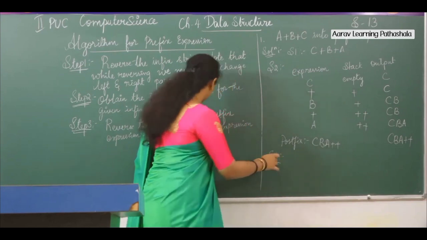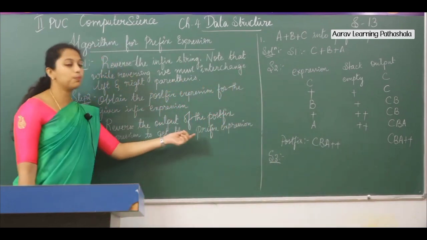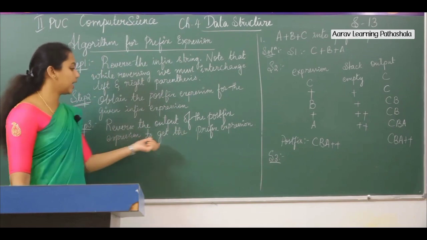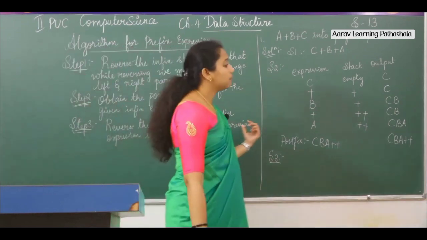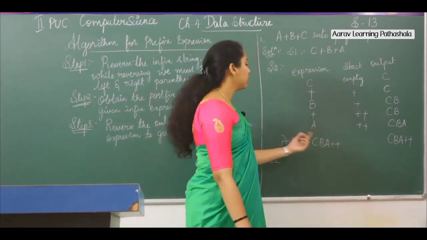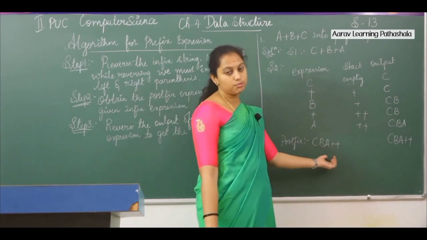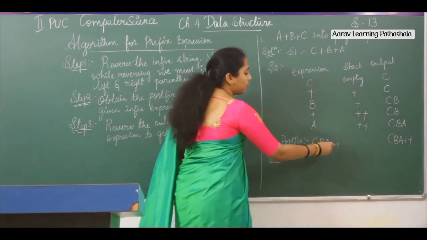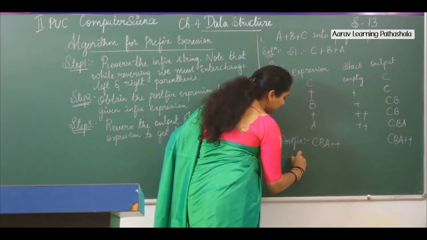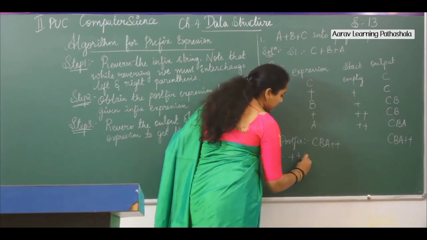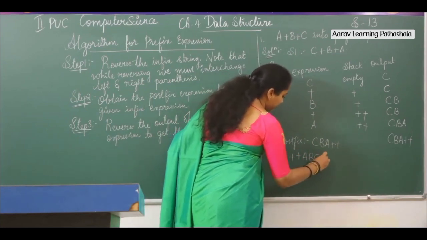We have to reverse the output of the postfix expression to get the prefix expression. We have to reverse this postfix expression value. So while reversing, it will become plus plus ABC.